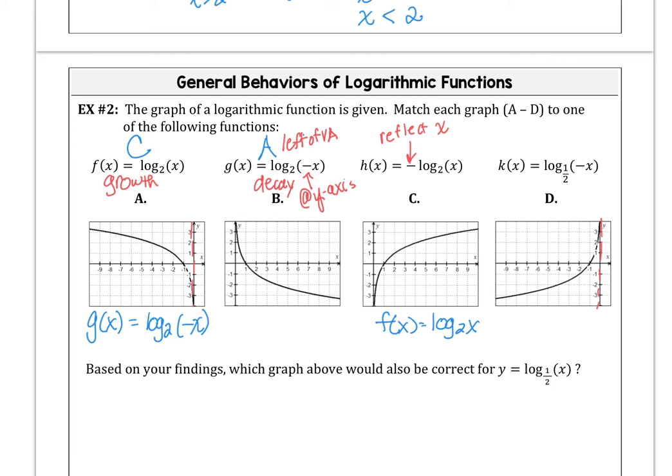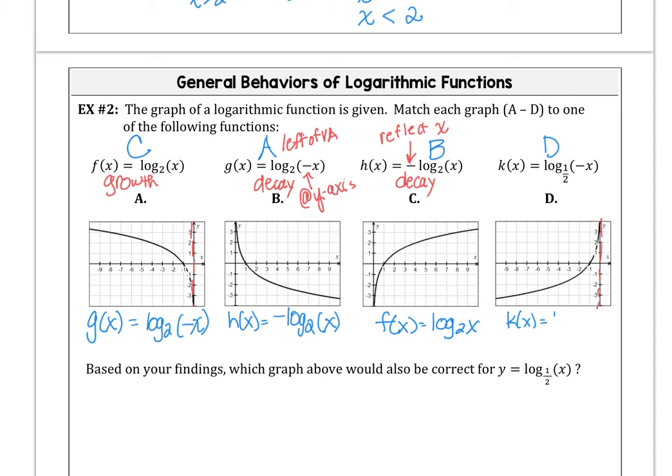And that's going to make the graph become a decay function. The only other decay function left in our choices is graph B. So B is h of x, negative log base 2 of x. And then by default, graph D belongs to k of x.